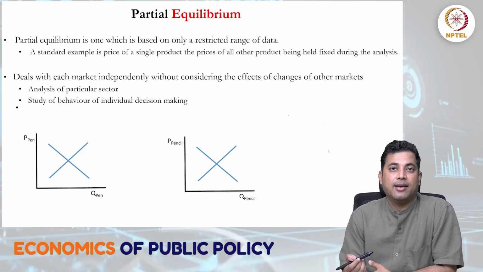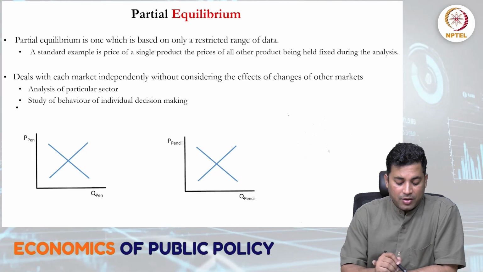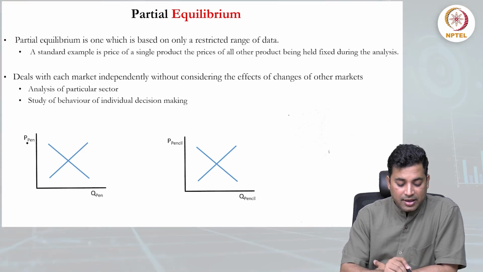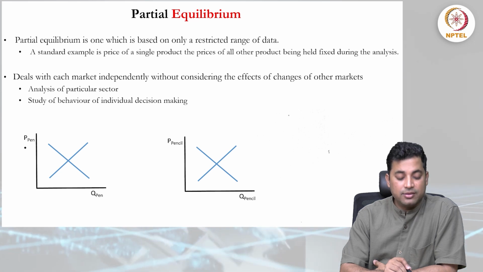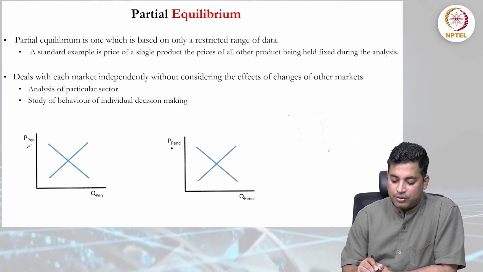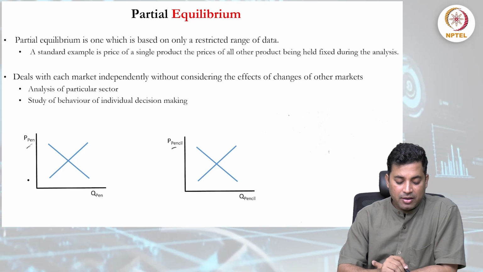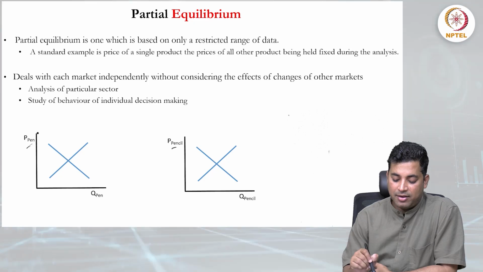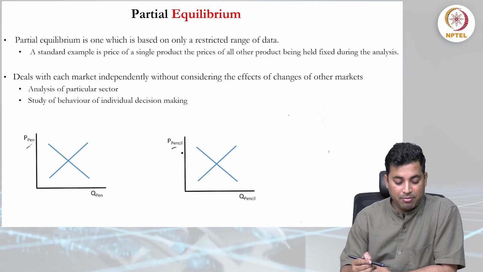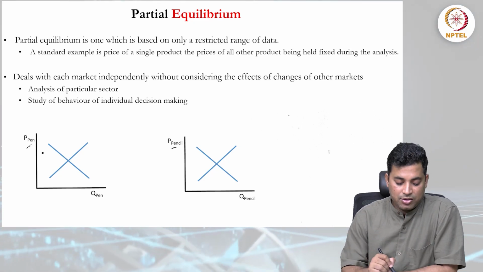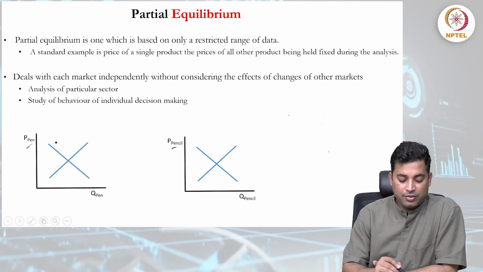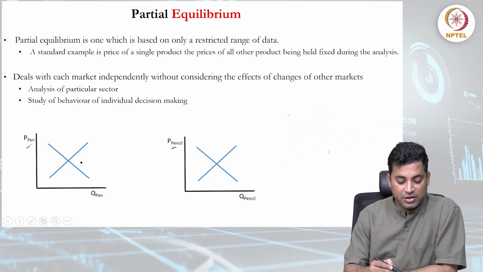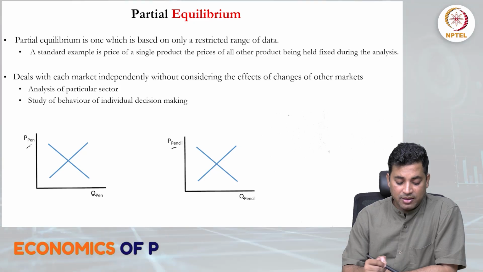Say here I have taken these two examples: for students, we need pen and we also need pencil. So here we are keeping the relationship between pen and pencil independent. When we try to buy a pen, this is a very standard functional relationship between price and quantity.